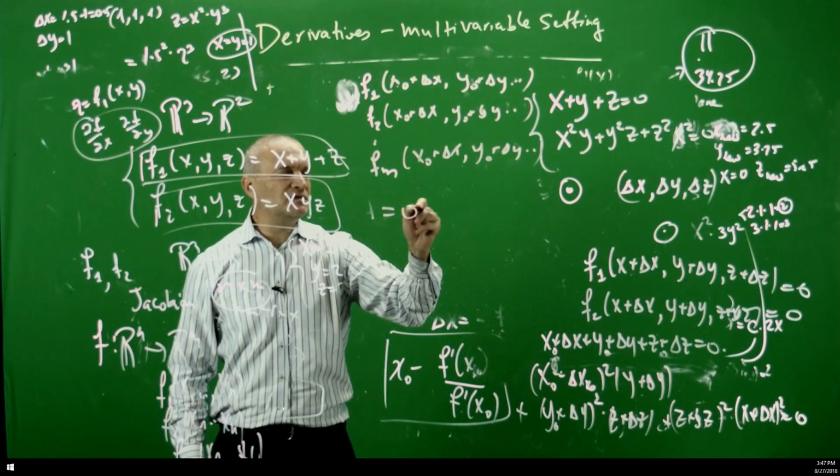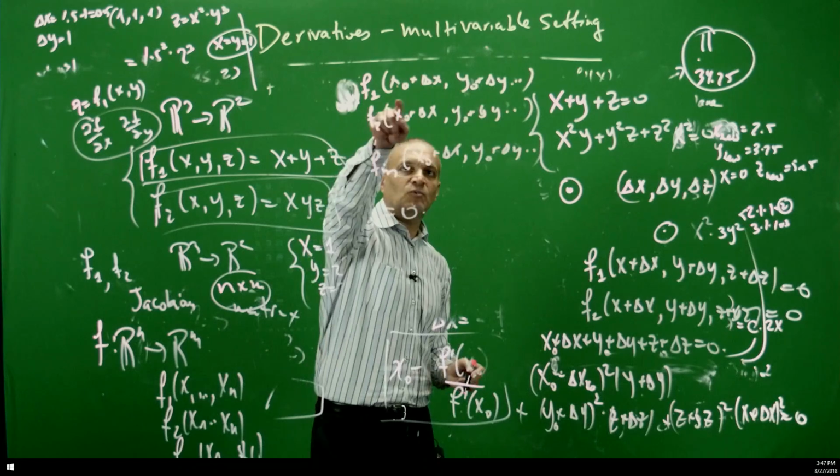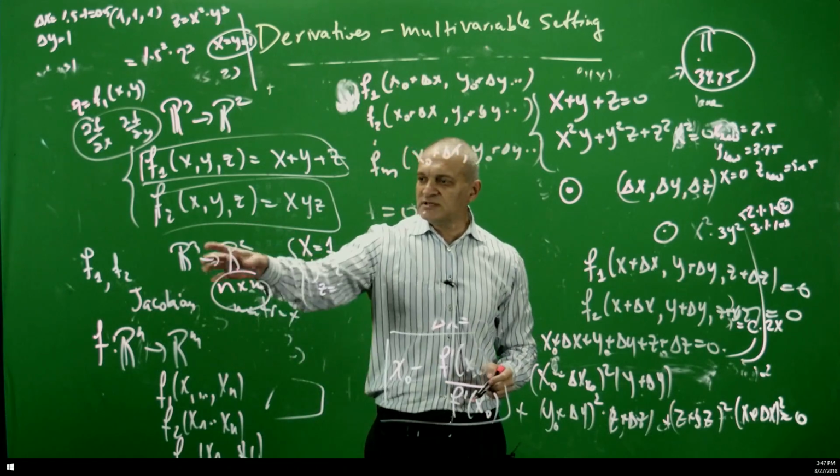I want this to be 0. I want this to be closer to 0. So what do I do here? I'm just using this.